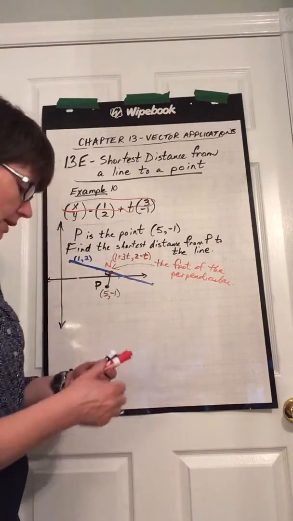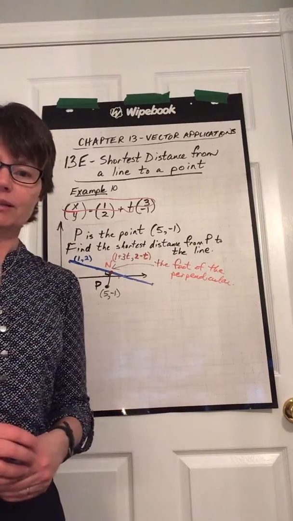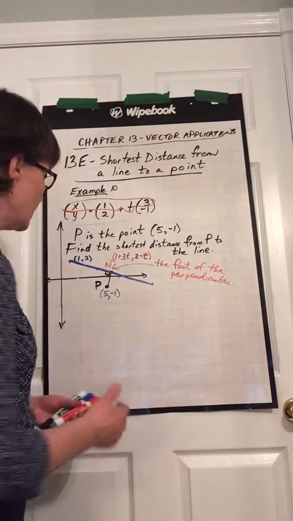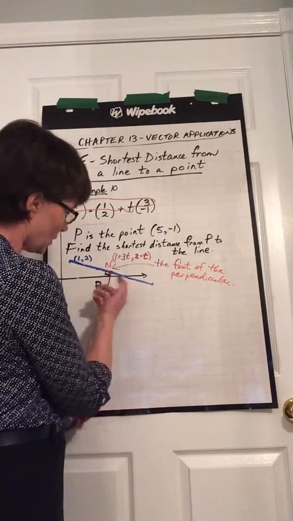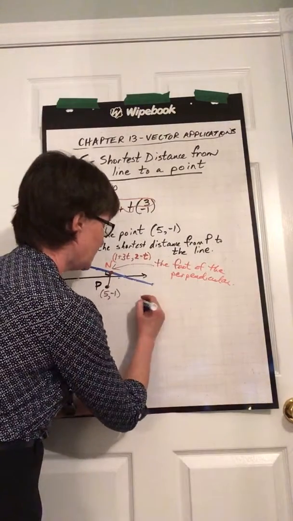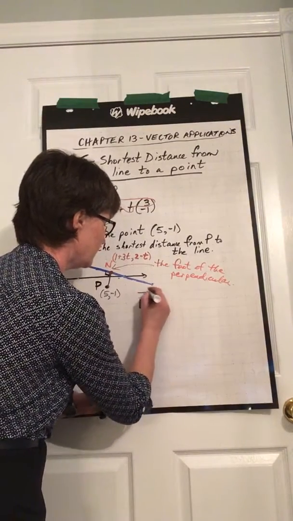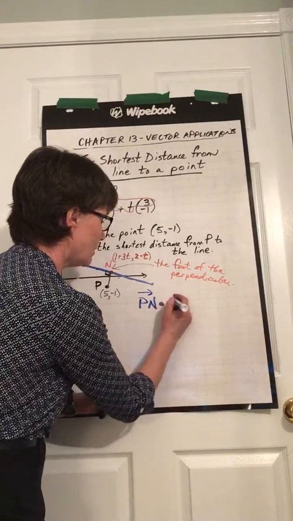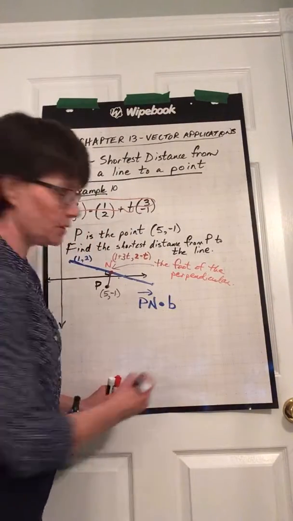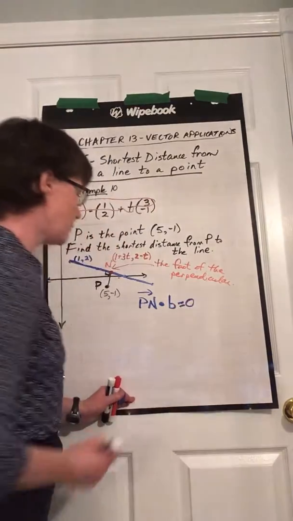We know that perpendicular vectors, when we dot product them, equal 0. We're going to take PN as a vector and dot that with the direction vector from the line, and because they're perpendicular, that will equal 0.